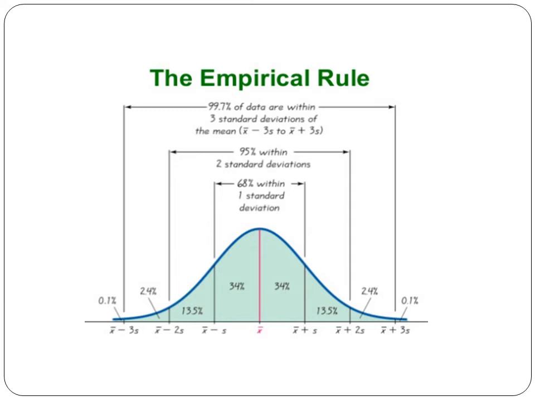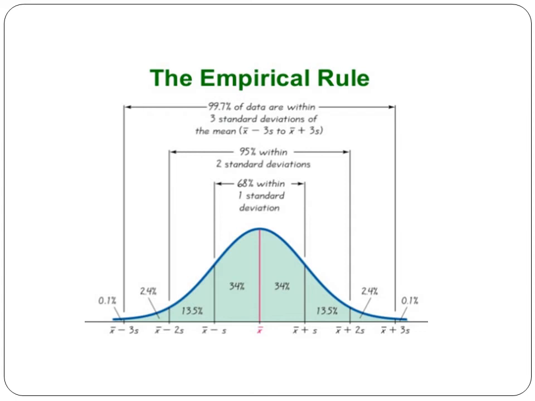So if you're going to add 13.5, 34, 34, and 13.5, that actually comprised the 95% area or the second part of the empirical rule, and so on and so forth. So we have 2.4 here and 2.4 on the other side to complete the 99.7% of the data that is also part of the empirical rule, considering that you have already moved further from the mean.